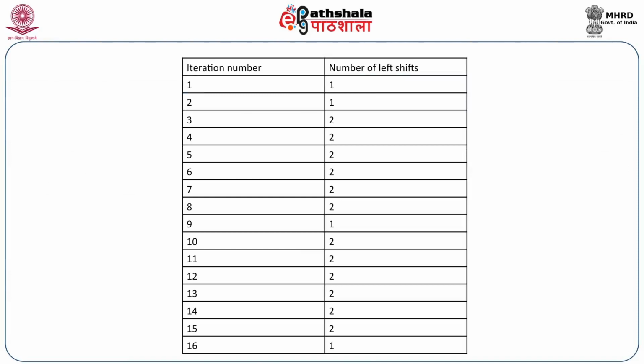We need to perform left circular shifts. For example, if we are given C0 and D0, and we want to get C1 and D1, we have to perform one left circular shift.